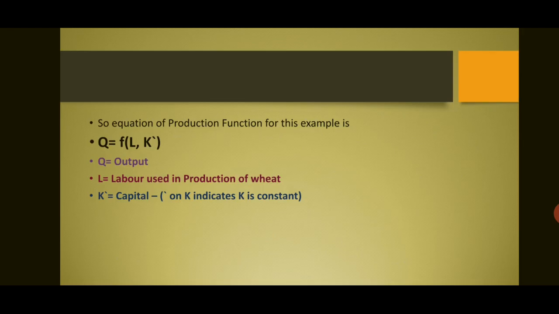So here K dash means the dash on K indicates that capital that we have used for production is constant, and labor that we have used for production is variable here. If we want to increase the production, we have to increase the labor.